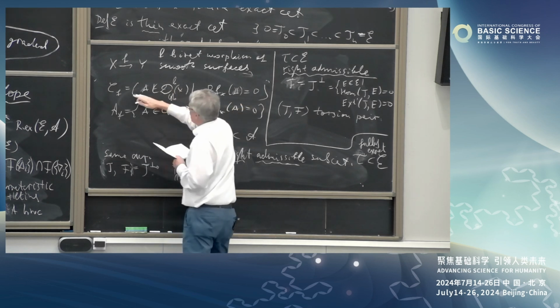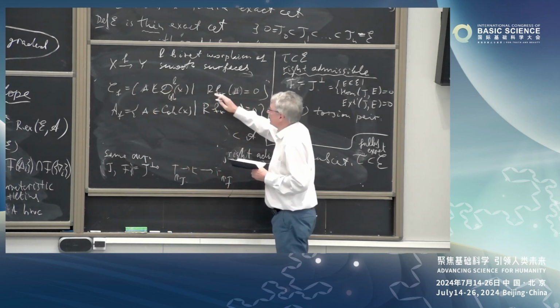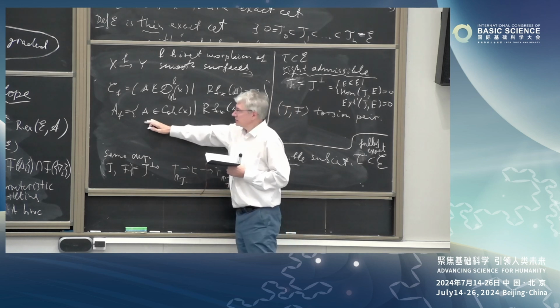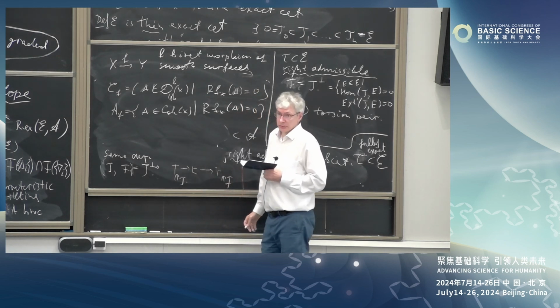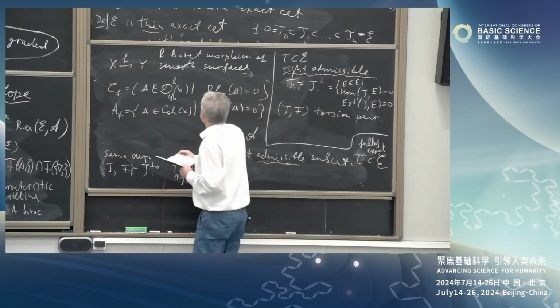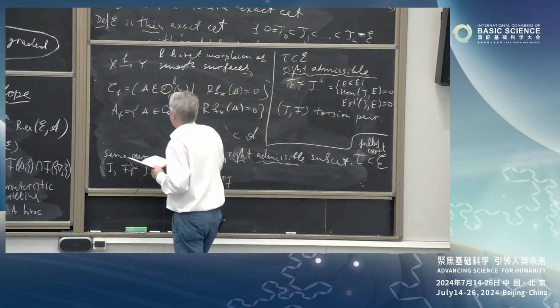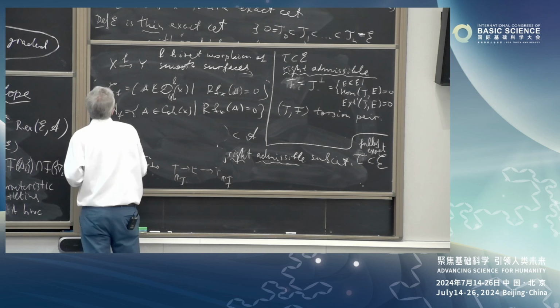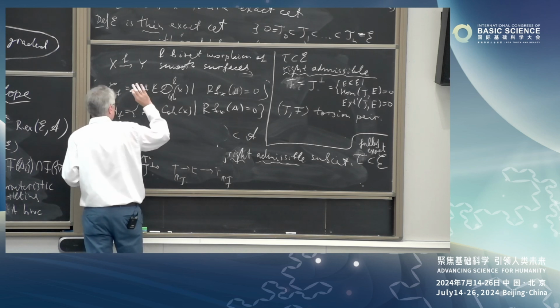So this one we call the triangulated null category, and this is the abelian null category.